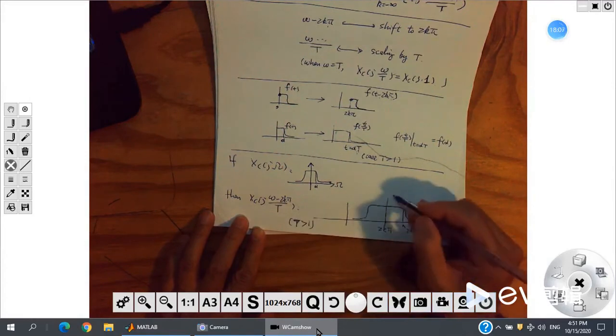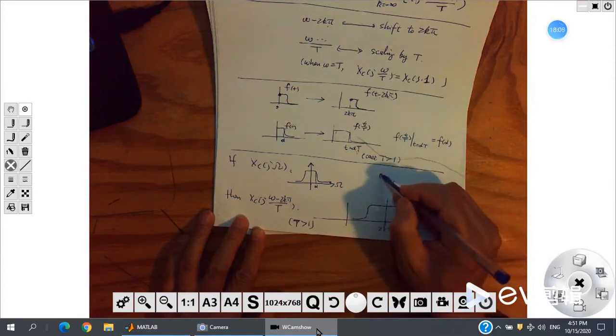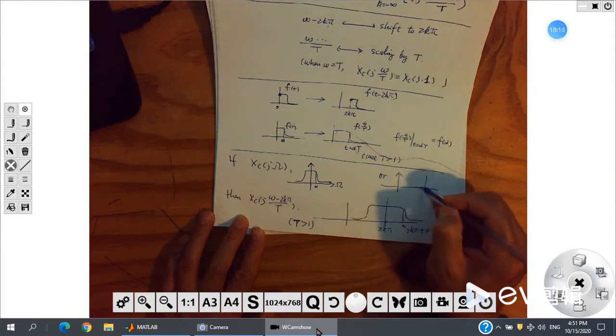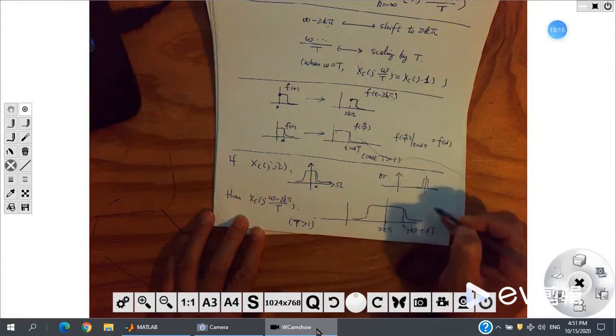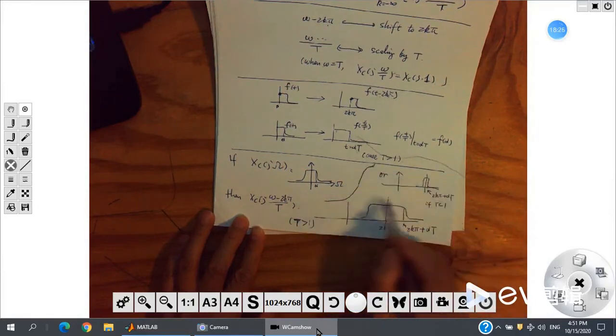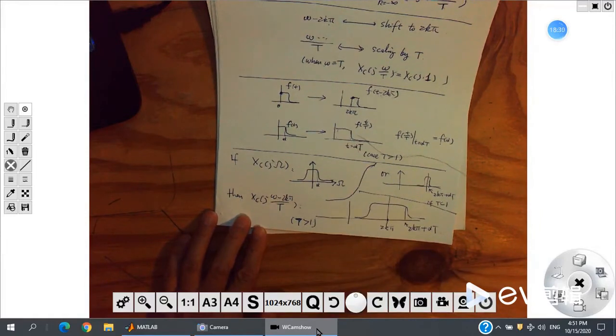If T is smaller than 1, like this, the point is also 2k pi plus alpha T. So two cases depending on the value of T. If X looks like this, then this one will be this one or this one.